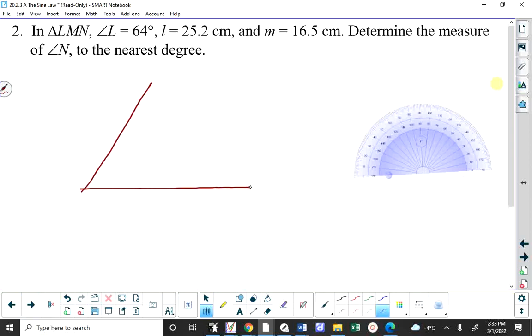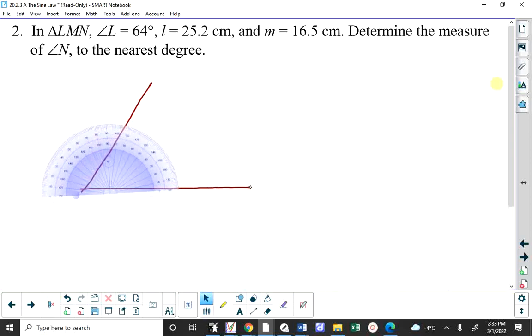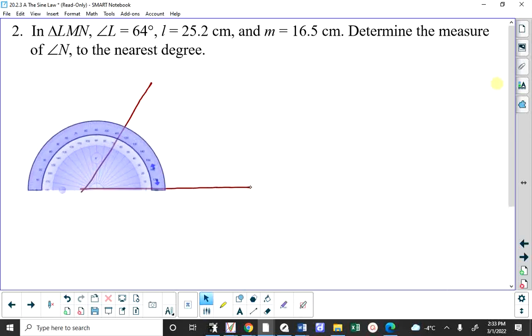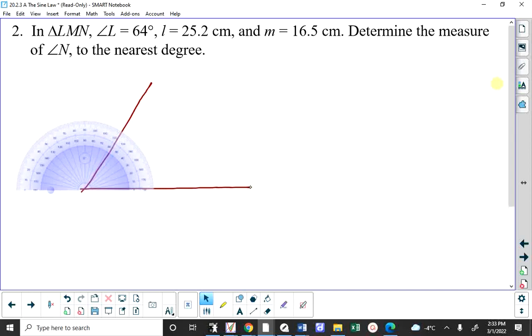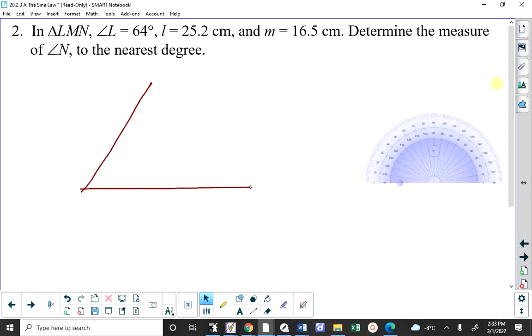It's going to be pretty close. It's maybe about 67 degrees. It doesn't have to be perfect, but I don't think it's a good idea to draw an angle that's like 12 degrees and call it 64 degrees. So we can label this as angle L. And again, keep in mind I may decide to erase something.